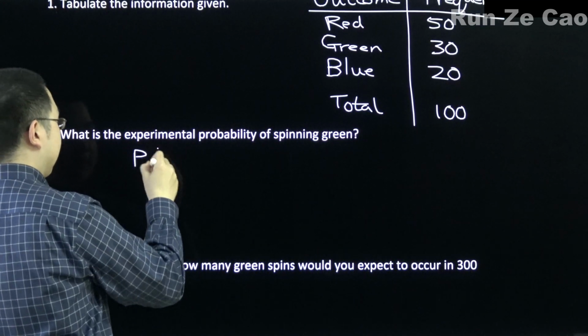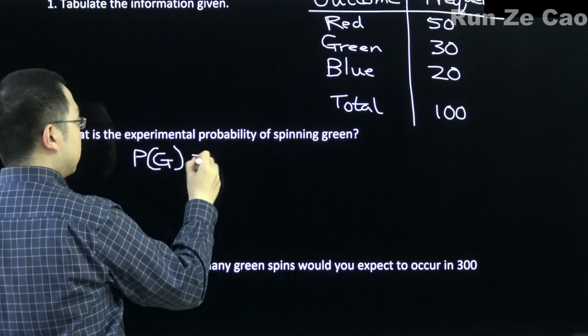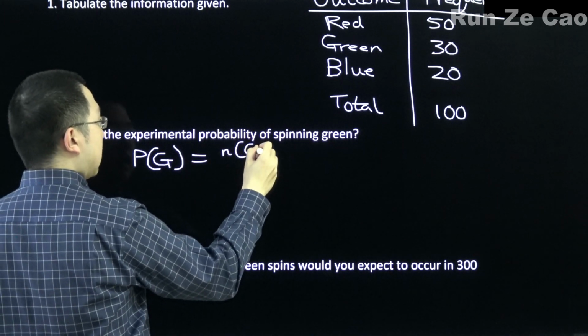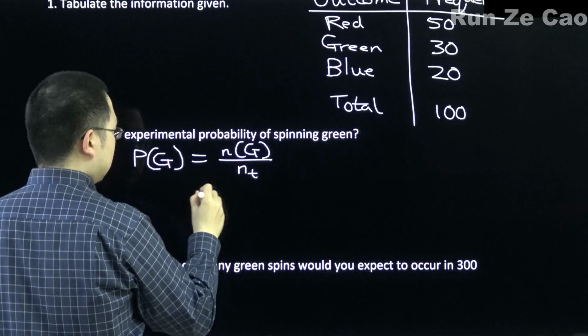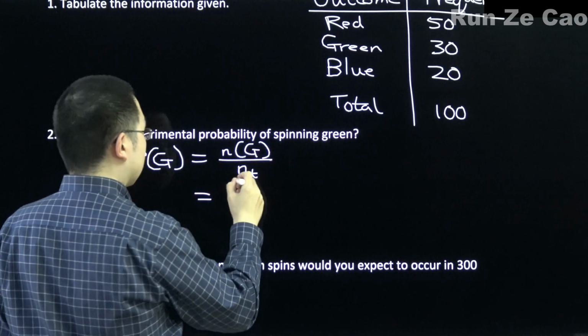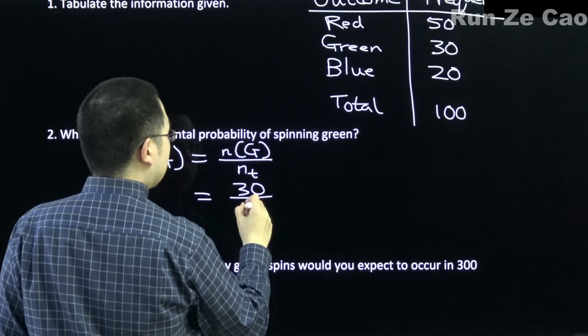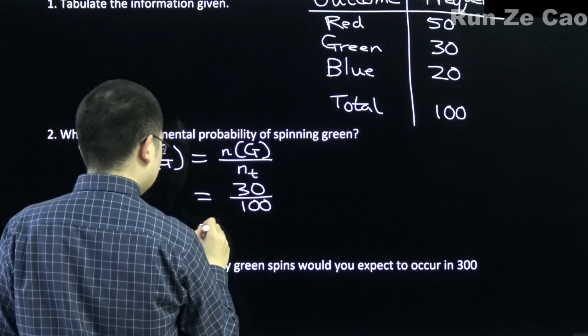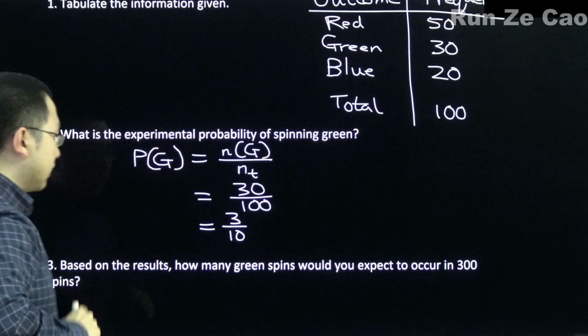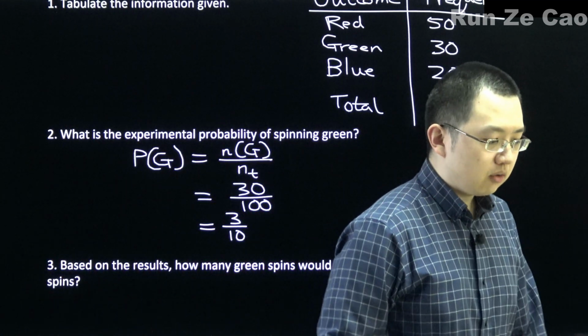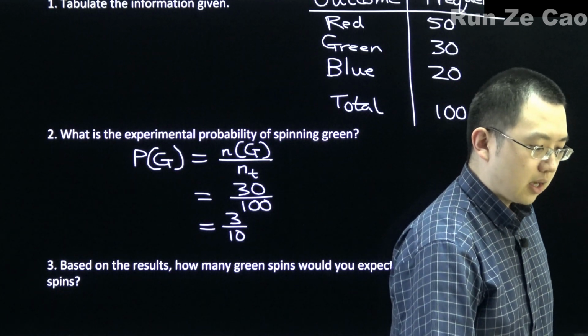Well, the probability of green is equal to number of green outcomes divided by the total, which is 30 over 100. So 3 in 10.